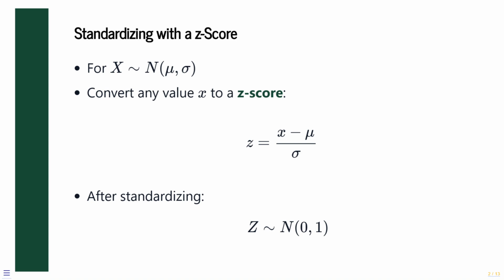This formula recenters the distribution at 0 and rescales it so the standard deviation becomes 1. After this transformation, the new variable z follows the standard normal distribution. This is extremely useful because we only need one set of probability tools for the standard normal rather than separate tools for every possible normal distribution.